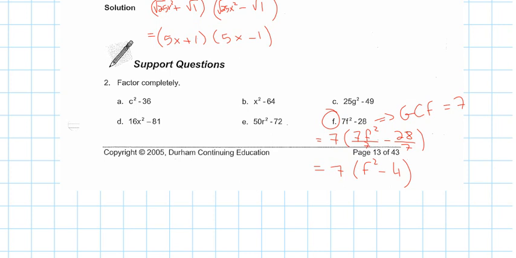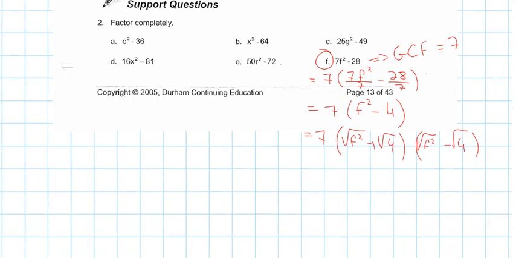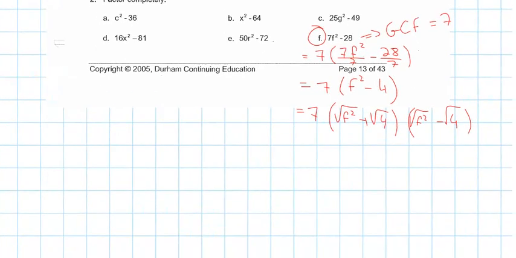Yes. So let's factor that. So again, I'll put two brackets, one with a plus, the other with a minus, and I'll do the square root of f squared, the square root of 4. So that gives me 7 bracket f plus 2, f minus 2.